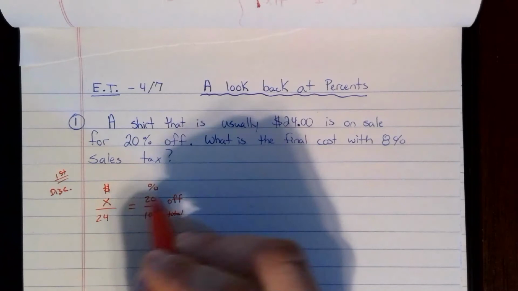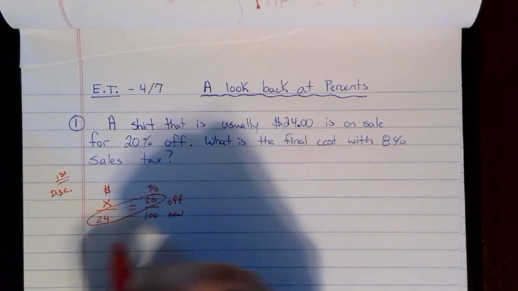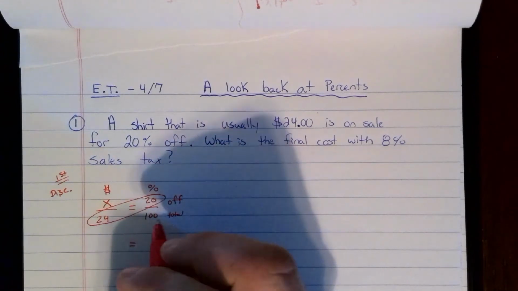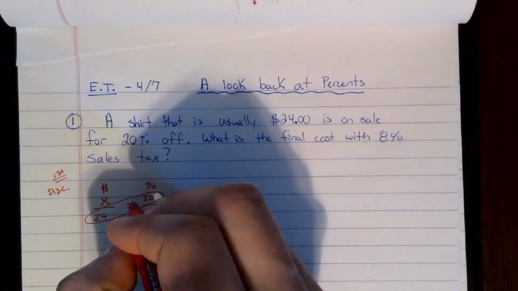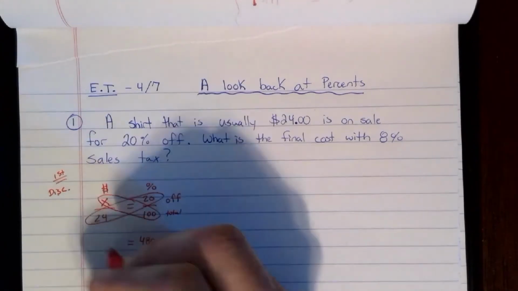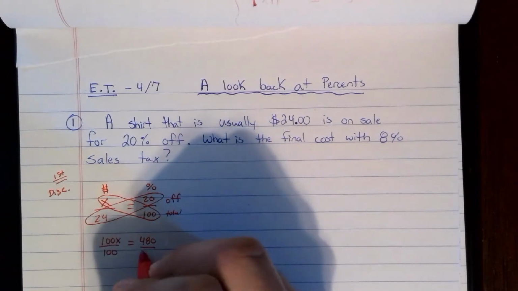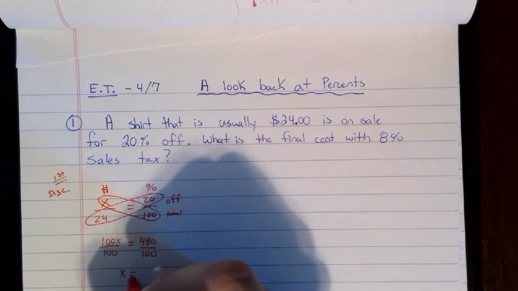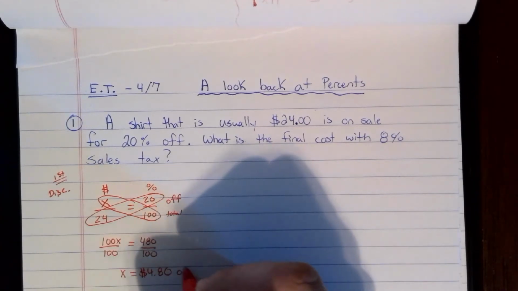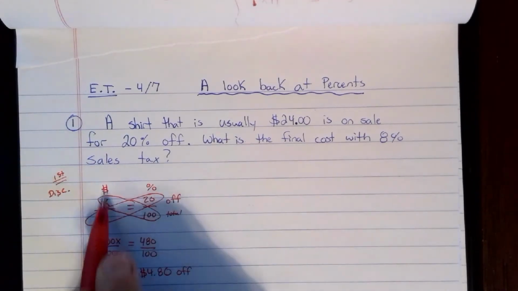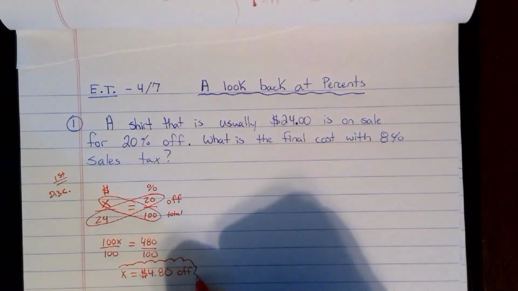So I can go ahead and from here cross multiply. 20 times 24 will give me 480. 100 times x will give me 100x. Divide both sides by 100, and x is $4.80. And always label what it was. Remember, that's dollars off. So notice I put dollars and off right there, so I don't forget what $4.80 is.